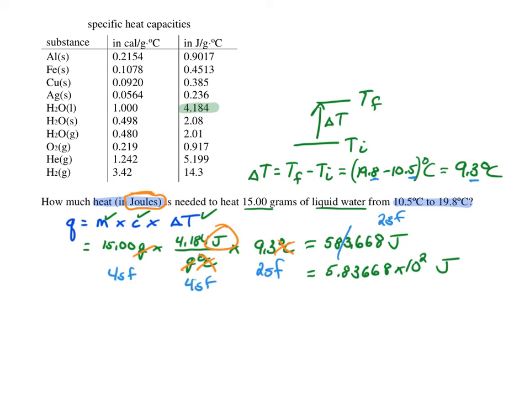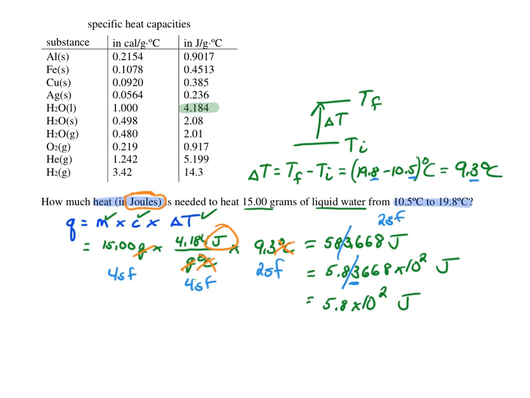So now we apply our sig figs. 2 sig figs, the first number we drop is less than 5, so we're going to round down. We're just going to get rid of all those other decimal places. And our final answer is 5.8 times 10 to the second joules.